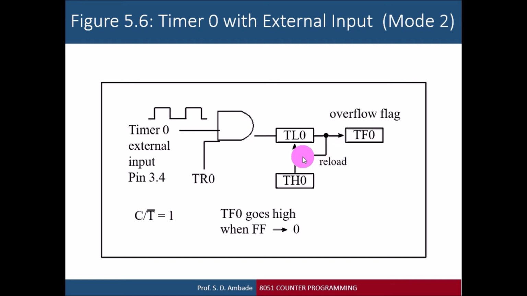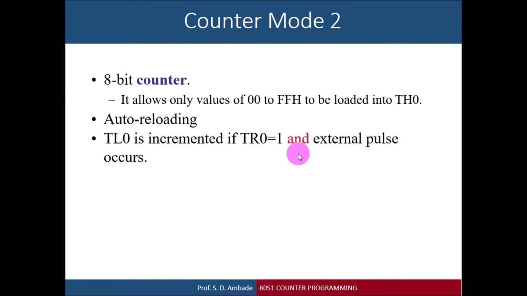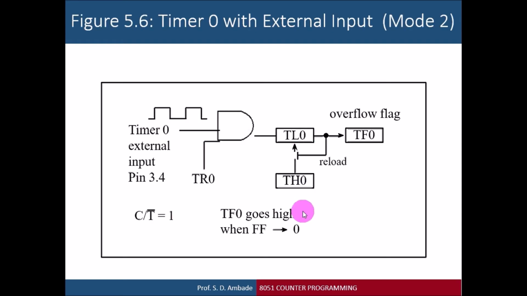This will be auto reload mode. TL0 is incremented if TR0 is equal to 1 and external pulses occur. When the timer or counter overflows, when incremented from FF to 00, then the TF0 flag will be raised.